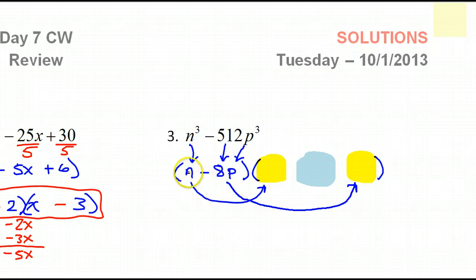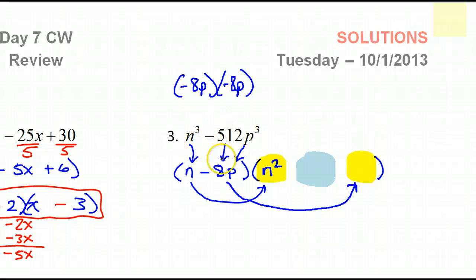So if I square this, n, obviously that's going to be n squared. If I take this negative 8p and I square it, keep in mind that's negative 8p times negative 8p when you square something. Negative 8 times negative 8 is positive 64. And then p times p is p squared.